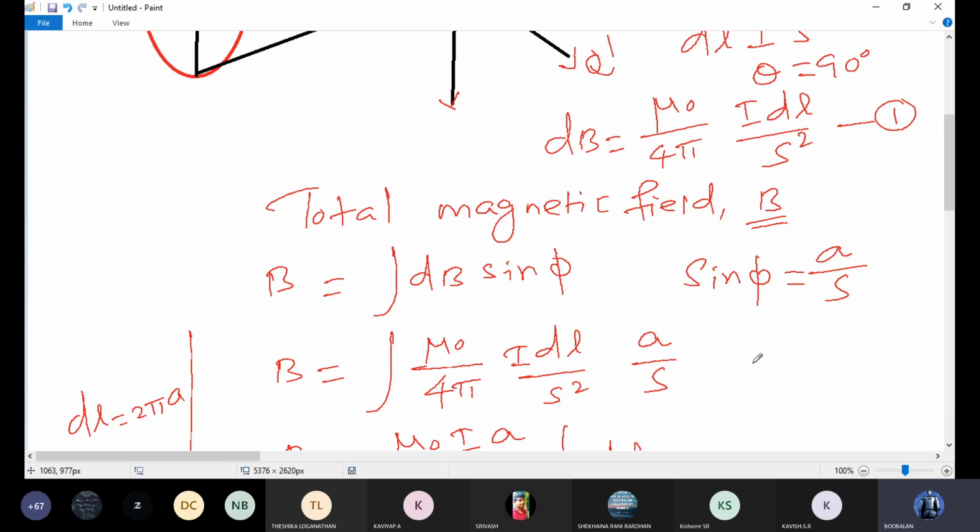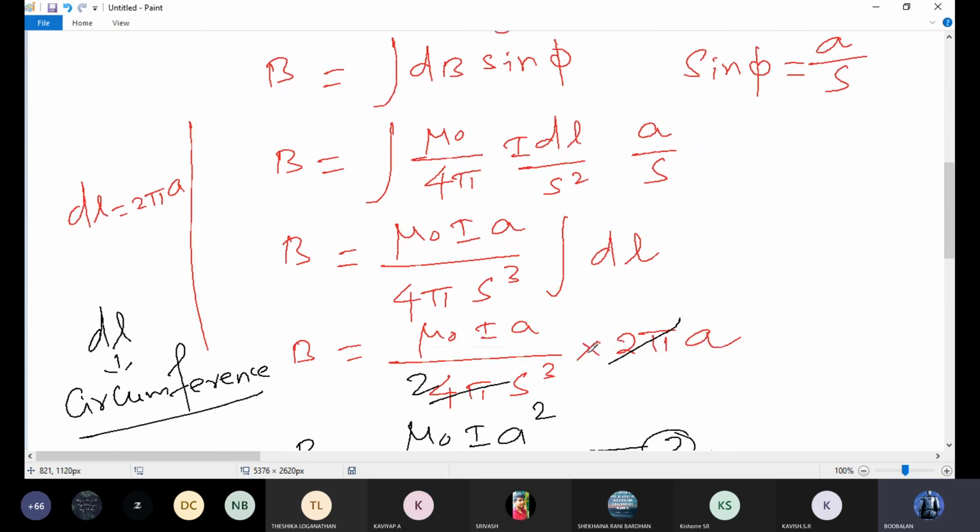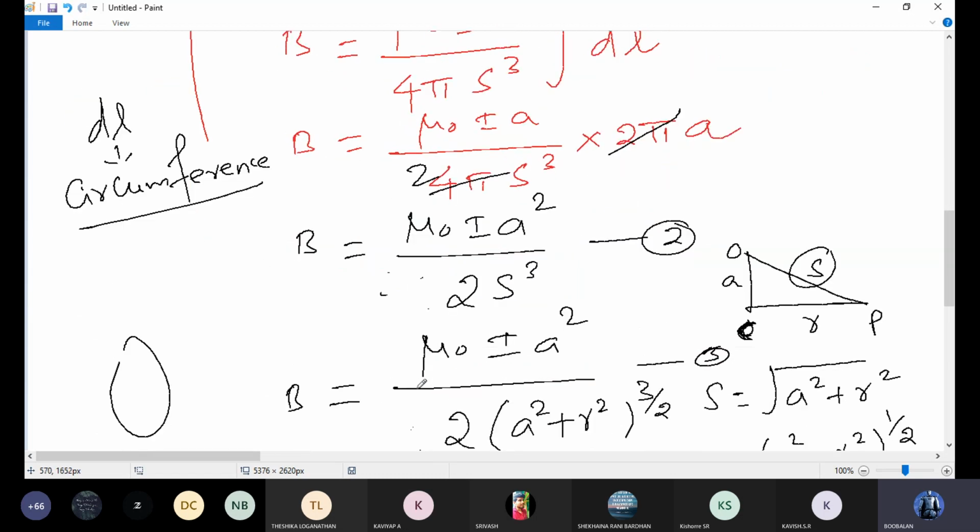Okay, now sin phi value a by s, you will get B equal to mu naught divided by 4 pi I dl by s square, a by s. Now the integral only applies to dl, so dl value is 2 pi a. So 2 pi means pi cancels, 2 twos are 4. B equal to mu naught I a square divided by 2 s cube.